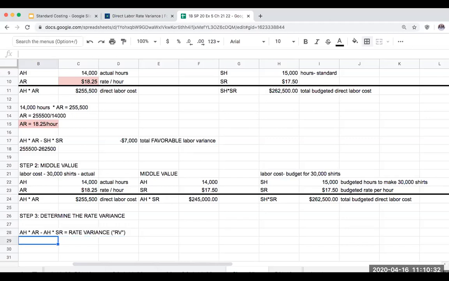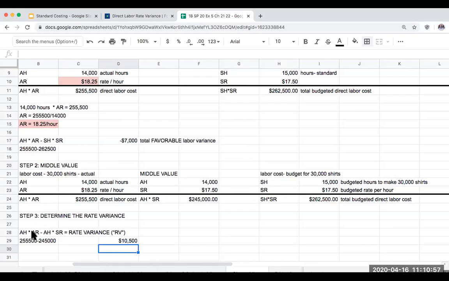Okay. So here I've got 255,500 minus 245,000. So my total rate variance of 255,500 minus 245,000 is 10,500.